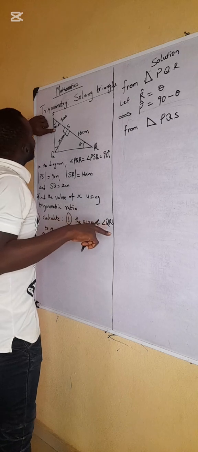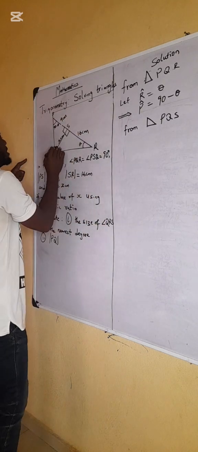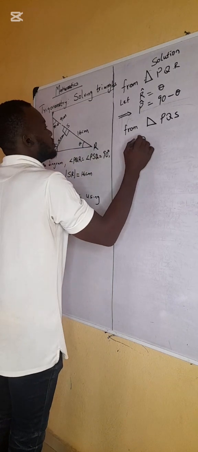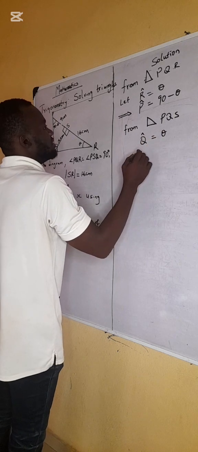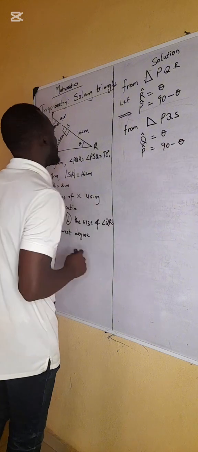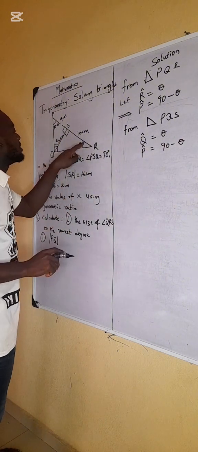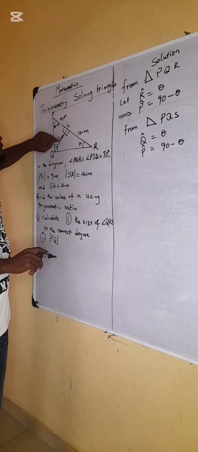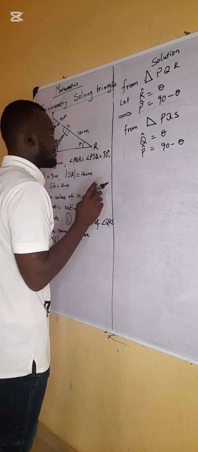Since the angle at P is 90 minus theta, these two angles are complementary, therefore the angle at Q will be equal to theta. If you observe, the angle at R and the angle at Q in triangle PQS are equal. So we've established a particular fact.